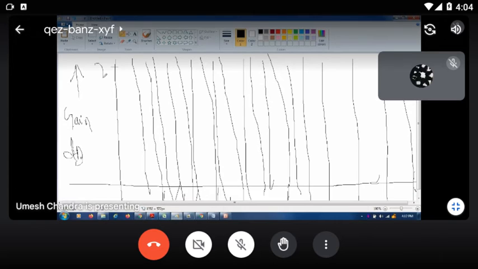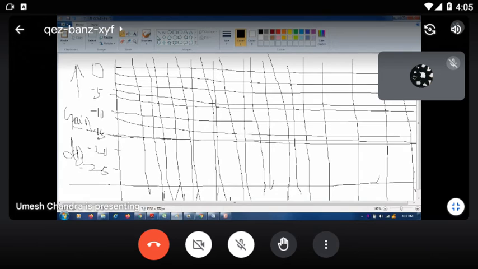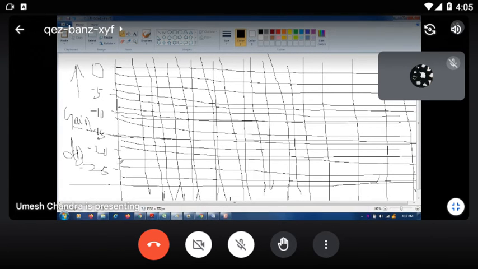The starting dB is 0, then -5, -10, -15, -20, -25, like that. Okay, now I am just labeling.